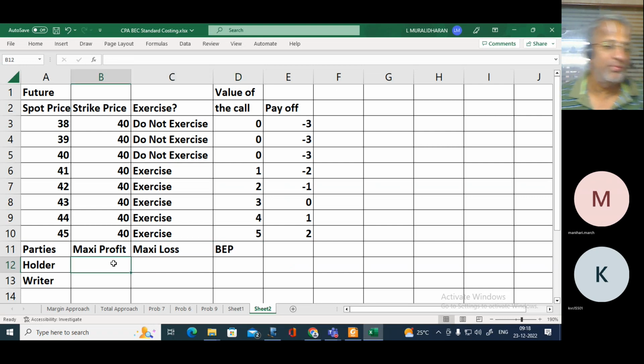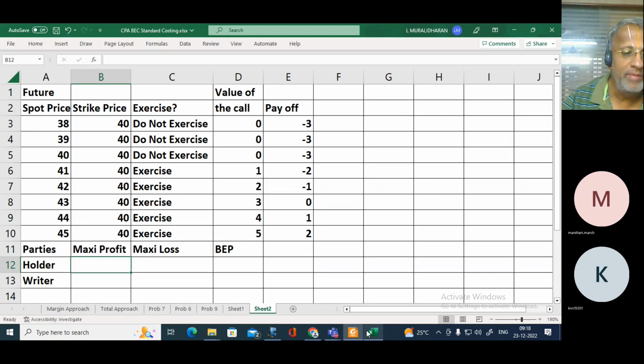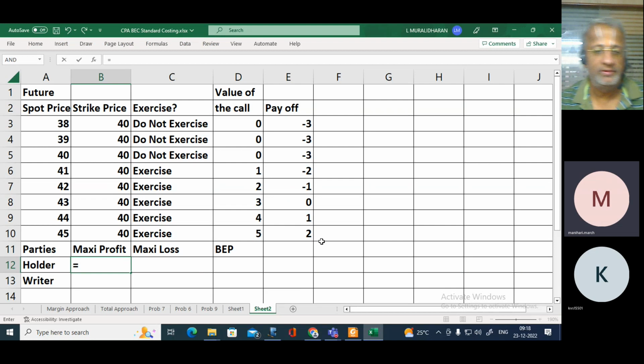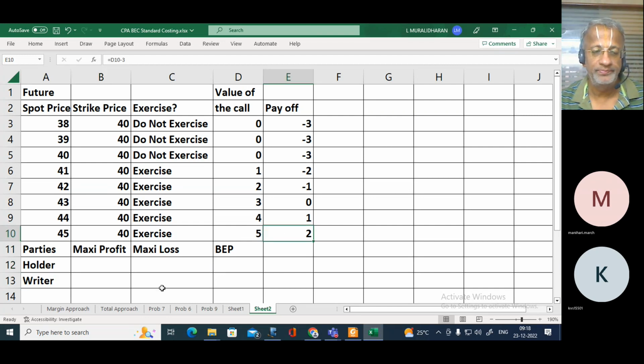For holder, maximum profit is 2. Maximum loss is minus 3. Break-even point is the price 43 as FSP. Correct?